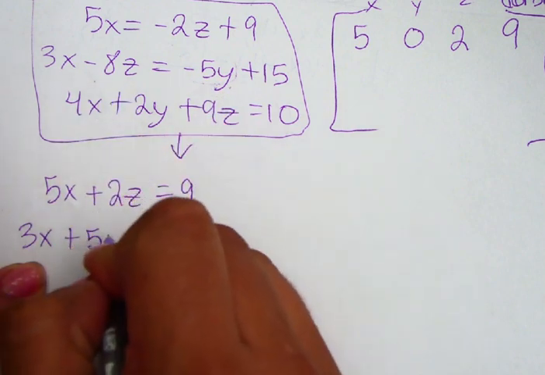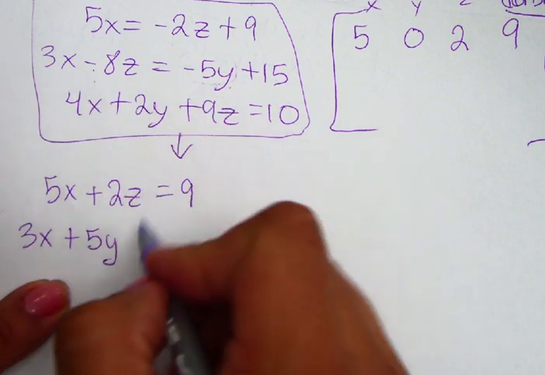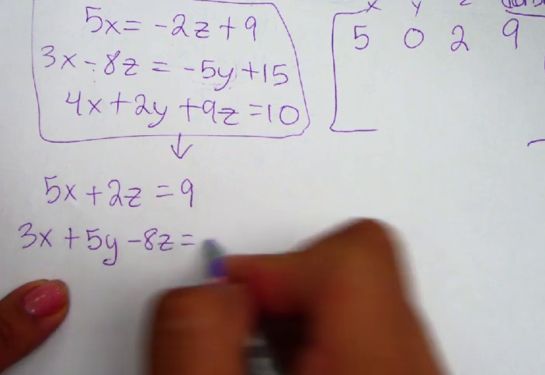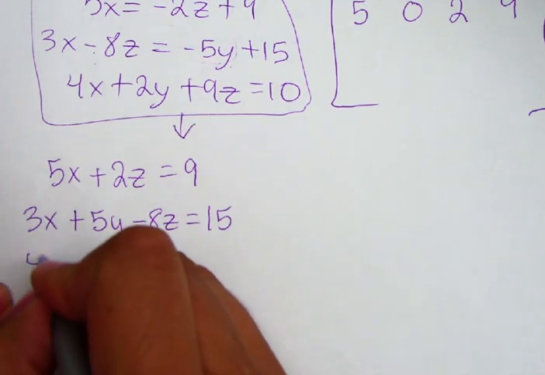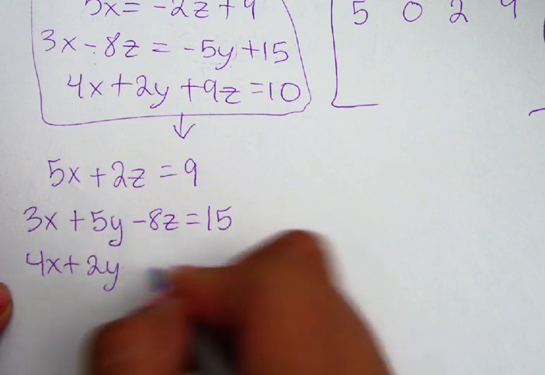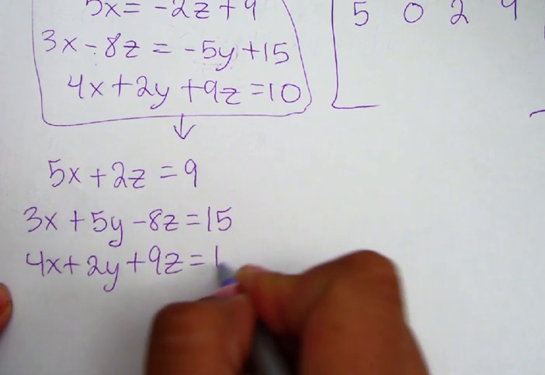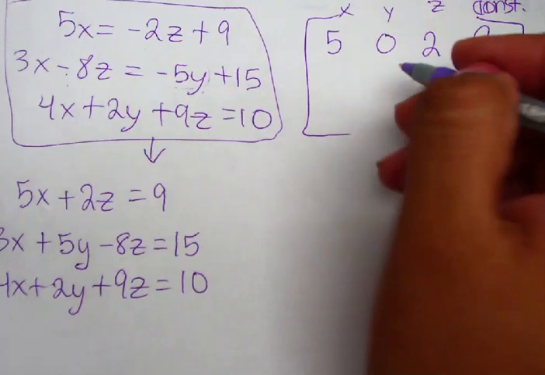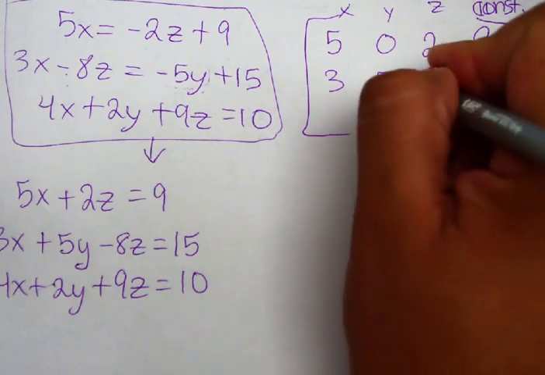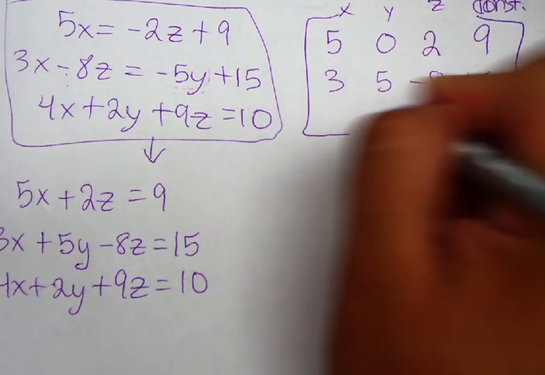So plus 5y and then minus 8z equals 15. And then the last part is already in order. So this is a more organized format, and we're just going to write those numbers in our matrix.